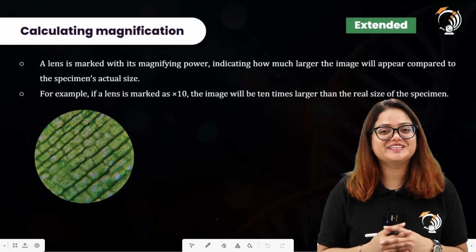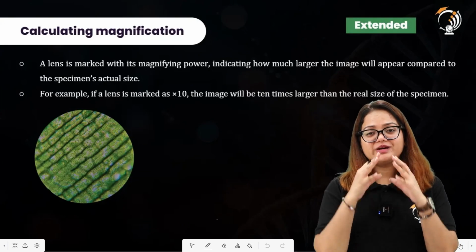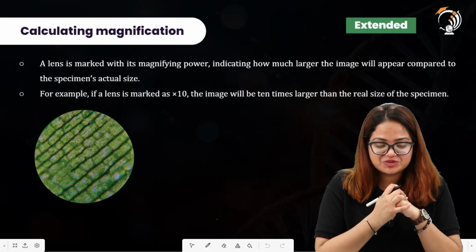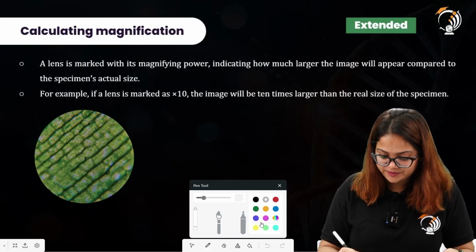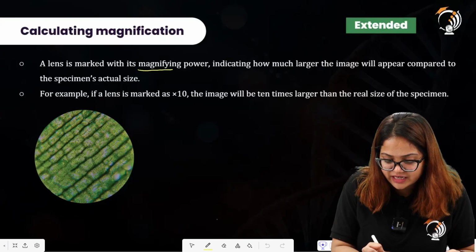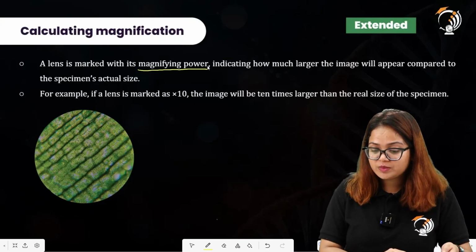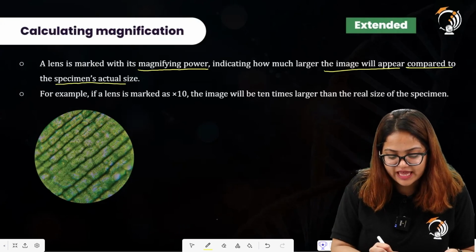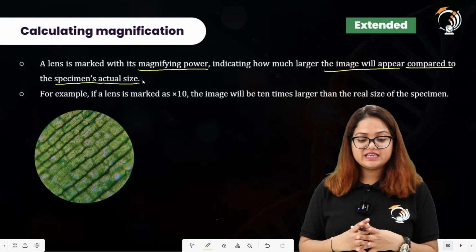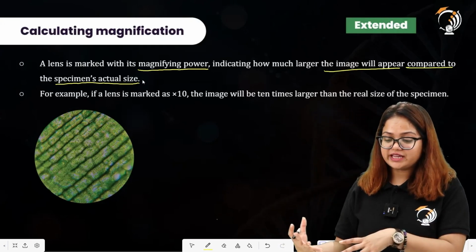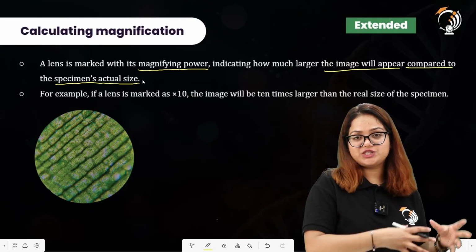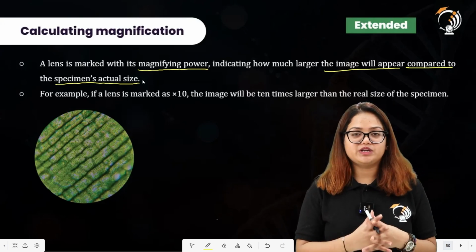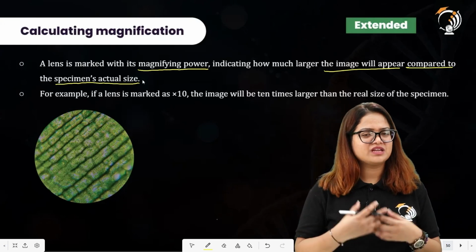All right, now moving to another topic, that is the magnification. There have been multiple questions coming from this topic, and it is very important as per examination. A lens is marked with magnifying power, indicating how much larger the image will appear compared to the specimen's actual size. So we are comparing the magnified image with the actual size of the particular object, organism or cell.